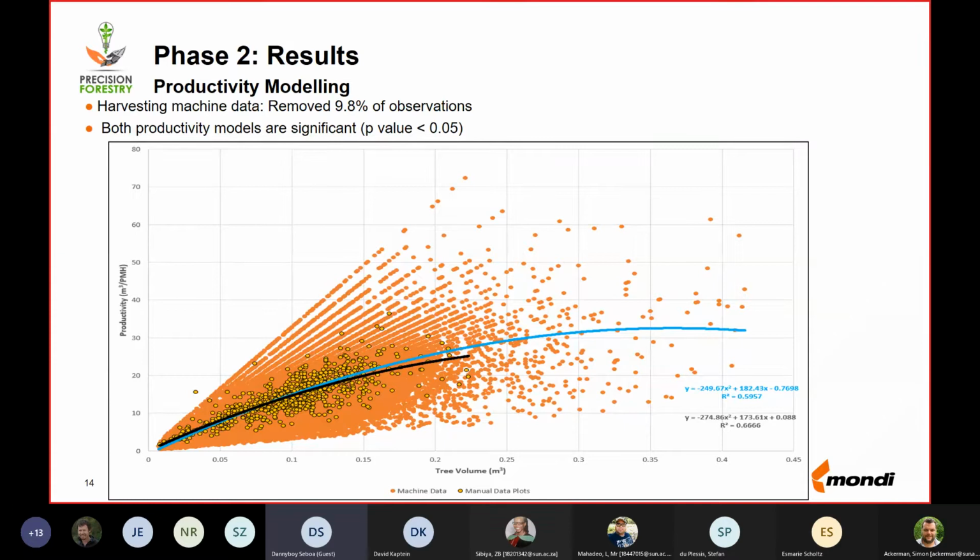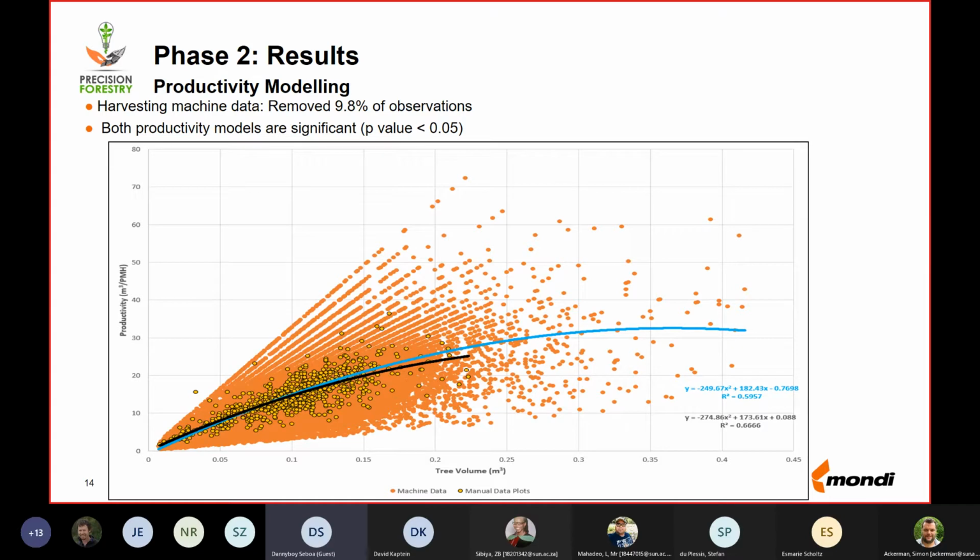The blue trend line shows you the machine data curve with an R squared of about 60%. And then your black trend line shows you the curve of manually collected data with an R squared of about 67%. If you look at a tree volume of about 0.05 to about 0.15 cubic meters, there's not much difference between the two curves.